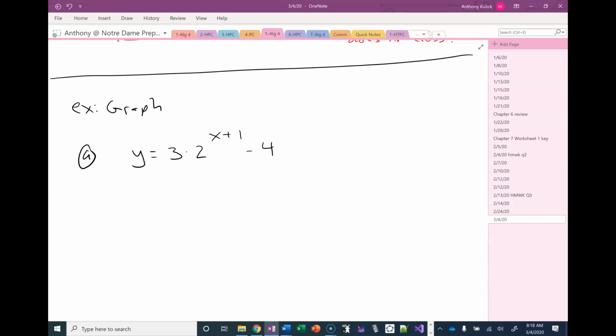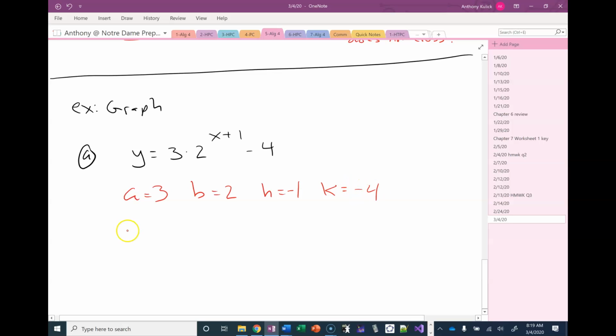First thing I'm going to do is identify the values for a, b, h, and k, because I'm going to use those values when I make my xy table. So what's my value for a? 3. And my value for b? 2. And my value for h? Be careful. -1. Remember, the h is always the opposite sign of what it appears in the function. And the k is -4.